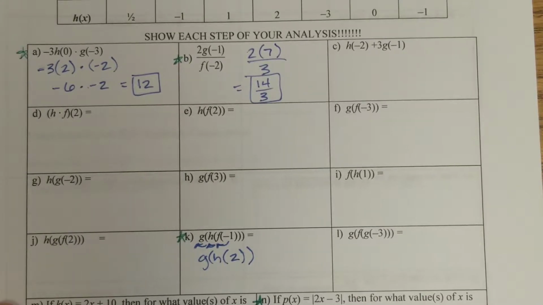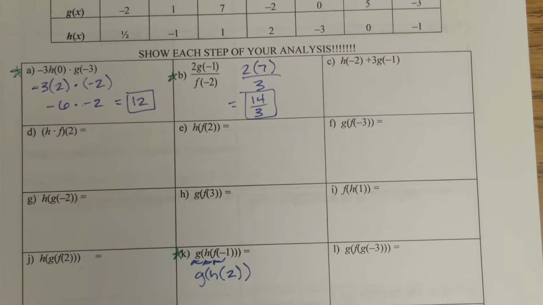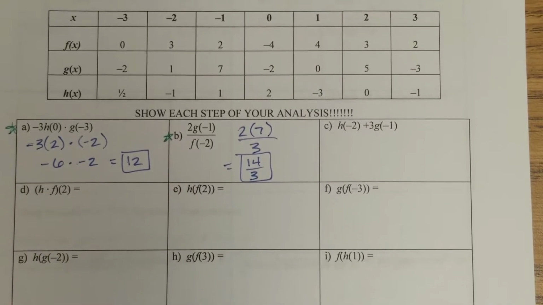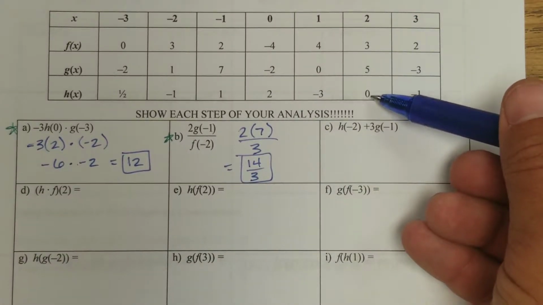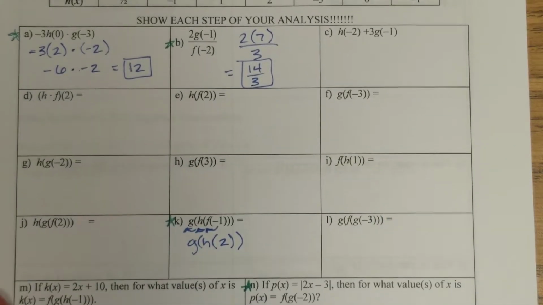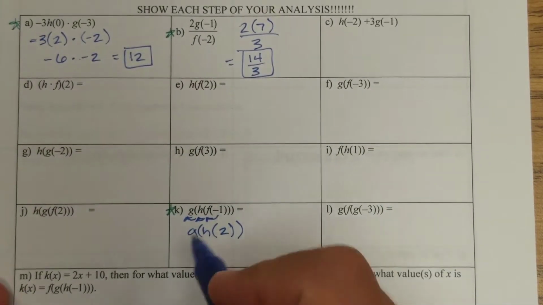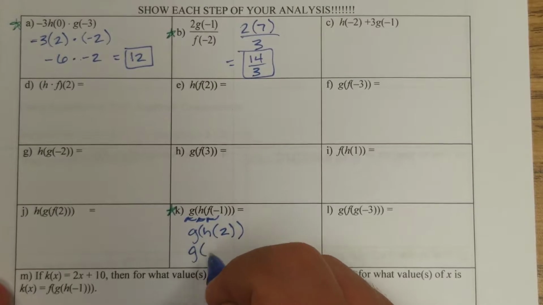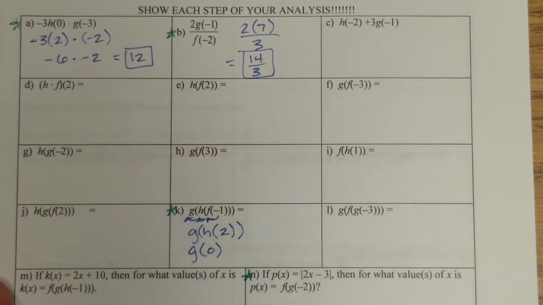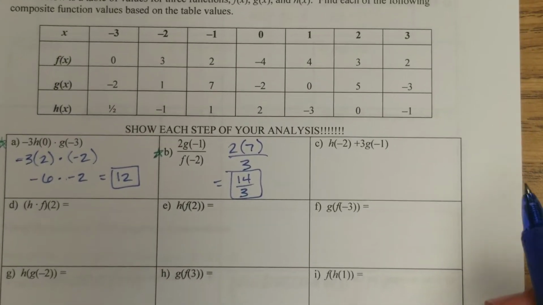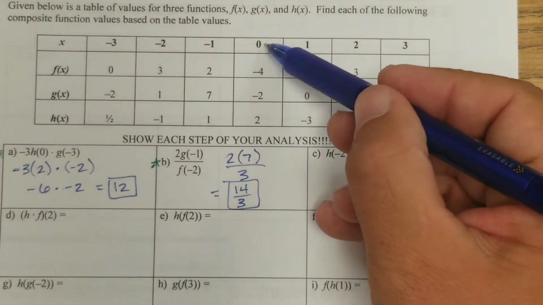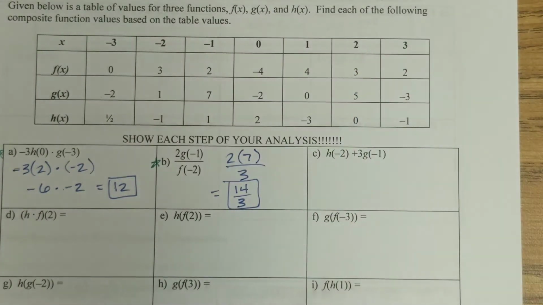Now let's find h of 2. Going back to the table up there, h of 2 is 0. So I'm going to replace h of 2 with 0. And then now I'm going to find g of 0. So g of 0 is -2.